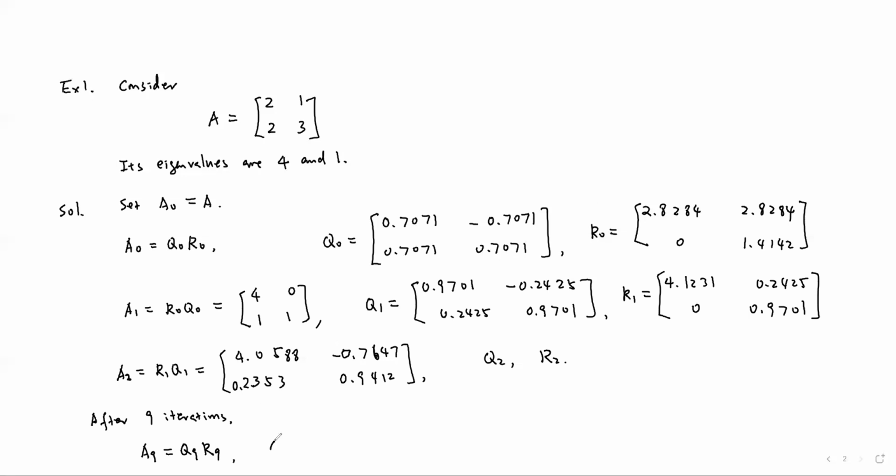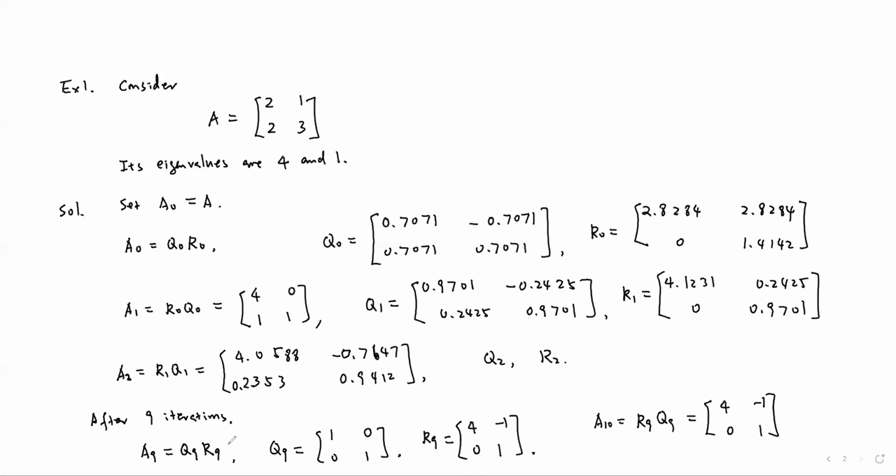What is Q9? Q9 is the identity matrix. R9 is 4, negative 1, 0, 1. Then form the matrix A10. A10 now is R9 times Q9. Q is the identity matrix, so A10 is 4, negative 1, 0, 1.